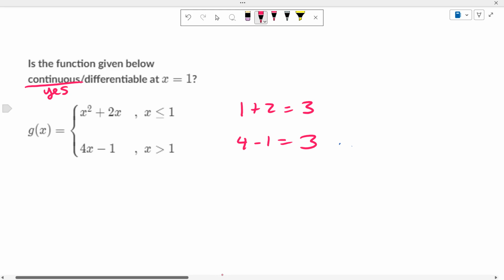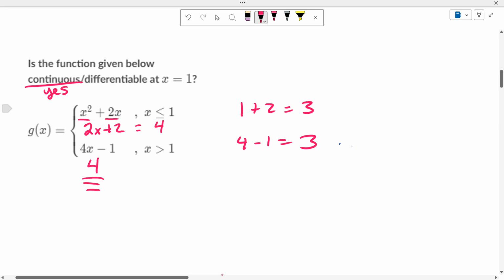Well, what's the first derivative of that? 2x plus 2. What's the first derivative of this? Just plain simple 4. So the slope on this one is 4, because y equals mx plus b. If you put in a 1 here, you get 2 plus 2, which is 4.